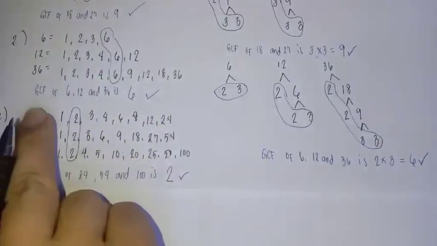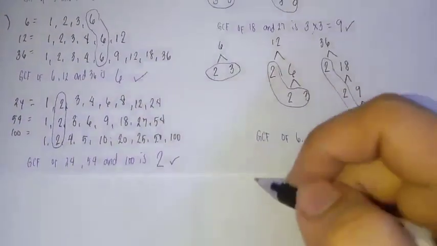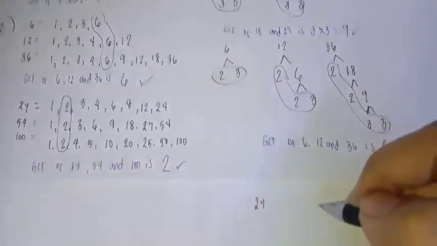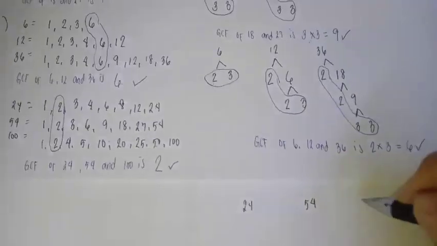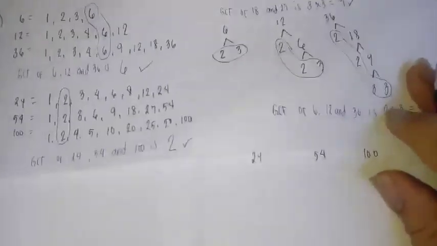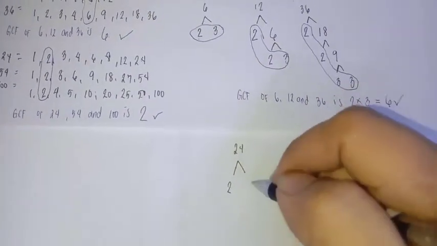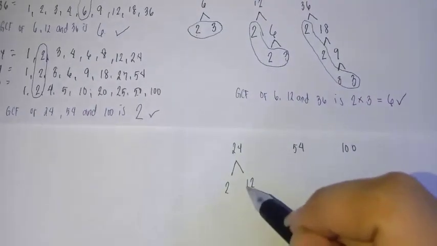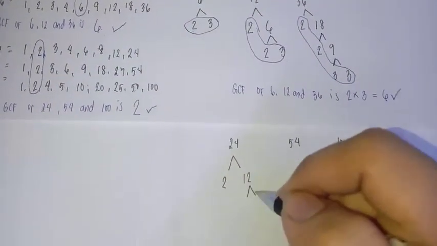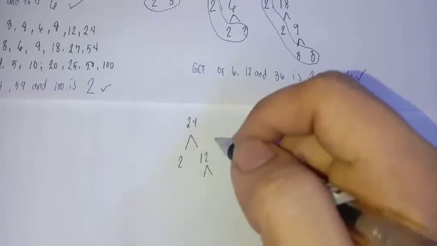Okay? So this time, we will get the factors using the prime factorization of 24, 54, and 100. Let's begin with 24. That is 2 and 12, since 2 times 12 is 24. 12 is a composite number, so we will factor this further.